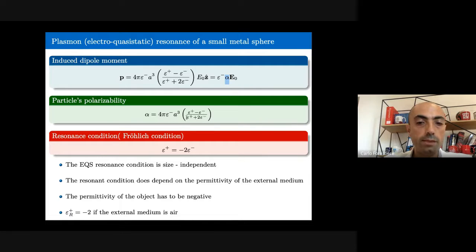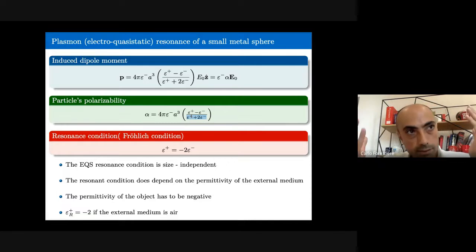The important thing is that the denominator of the polarizability goes to zero, and then the polarizability, for a special value of the permittivity of the sphere, goes to infinity.